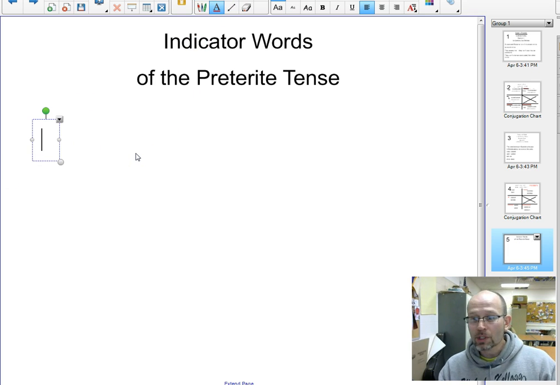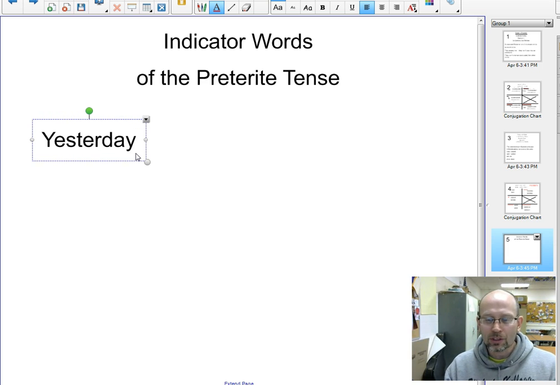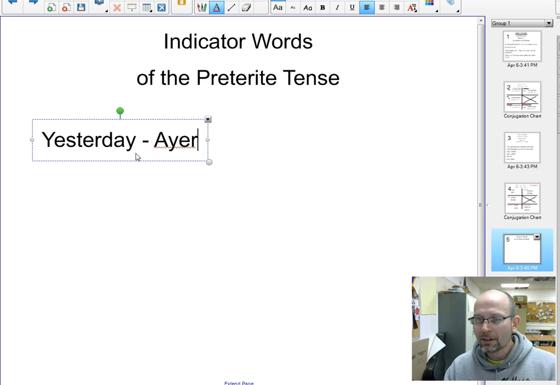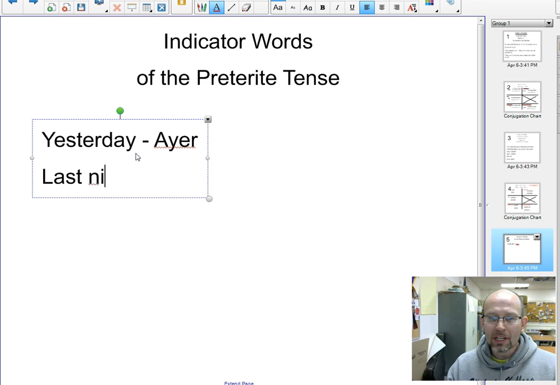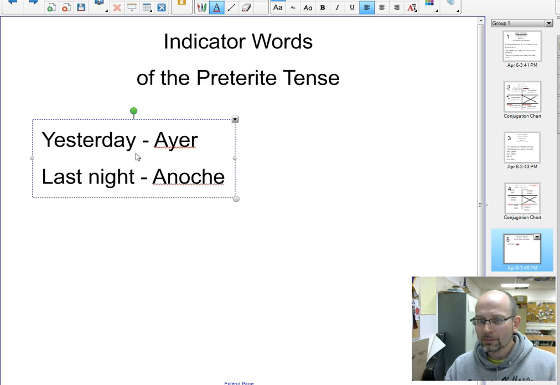The first one and most obvious one is going to be yesterday. And in Español, it is called ayer. Ayer. And the other one that I'm going to teach you is last night. And that one in Español is anoche. Anoche.